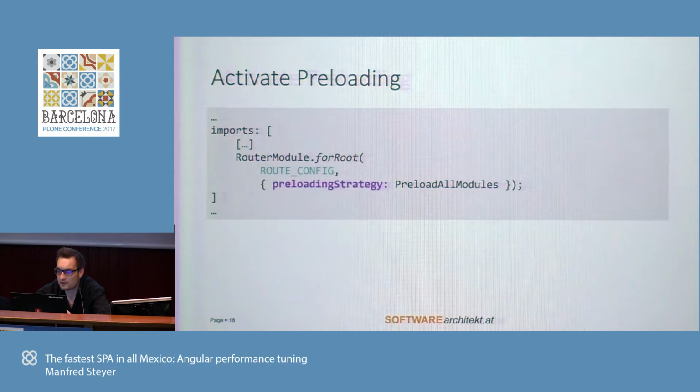Here I'm going with the PreloadAllModules strategy, and as the name implies, this is preloading all the lazy modules when the application starts. Of course, you can also write your own preloading strategies that are just preloading a specific amount of modules, or perhaps just modules the current user is allowed to use.